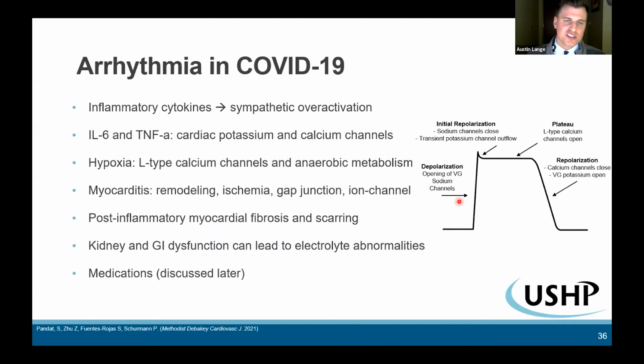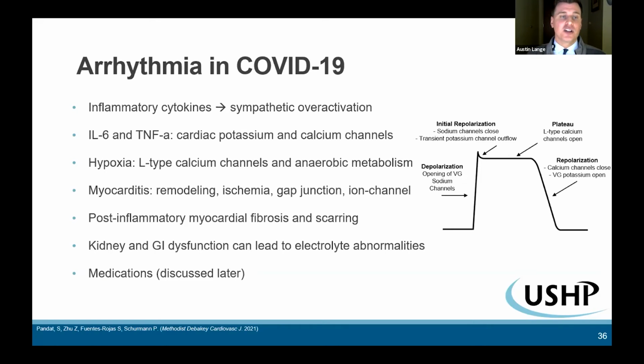It shows depolarization with the voltage-gated sodium channels, as well as initial repolarization, the plateau phase, and the repolarization, all typically associated with these voltage-gated ion channels. So interleukin-6 and tumor necrosis factor alpha can impact the cardiac potassium and calcium channels, which can pitch certain portions of this wave, again eliciting potential arrhythmia.